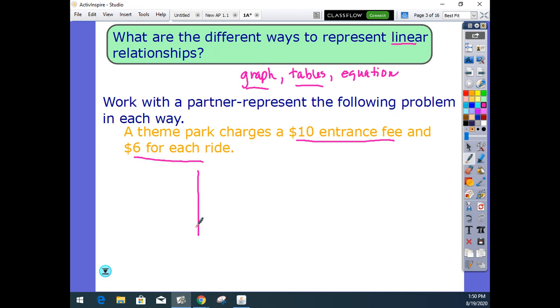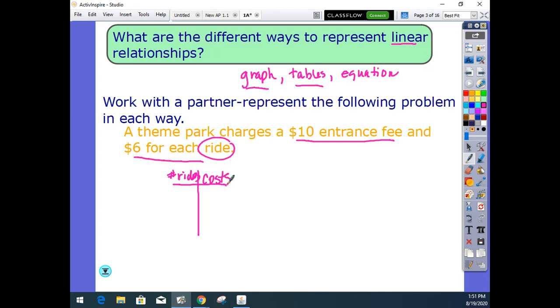One of the most important things is thinking about which one is your X and which one is your Y. So what does it make sense to make our X? What is changing? What can we change each time? The number of rides. And what are we going to find out? Depending on how many rides is how much it costs.